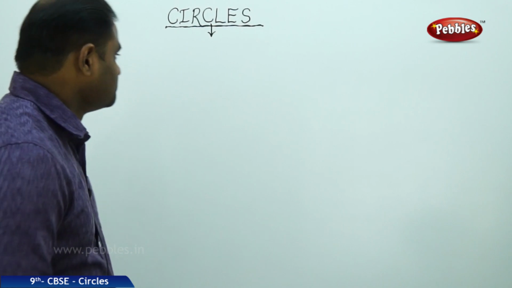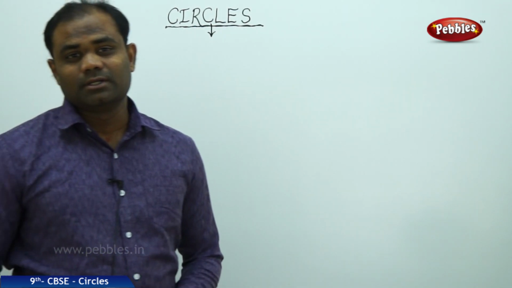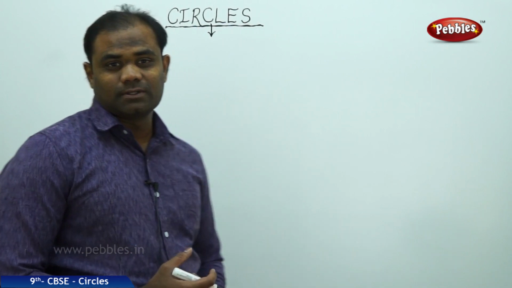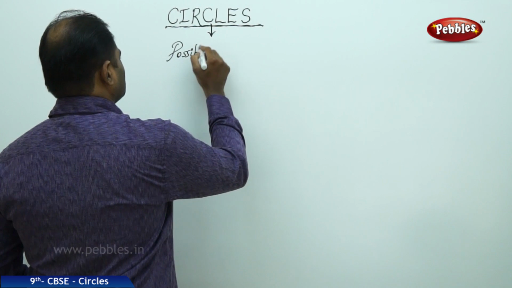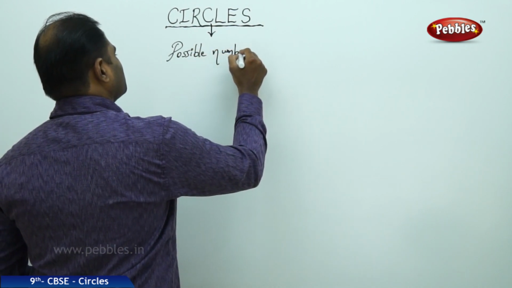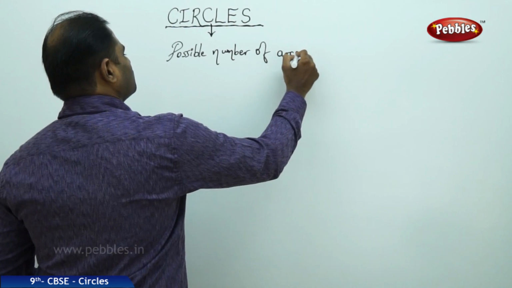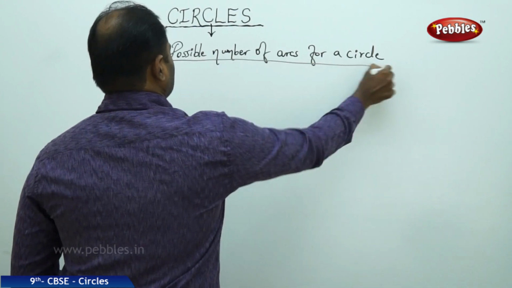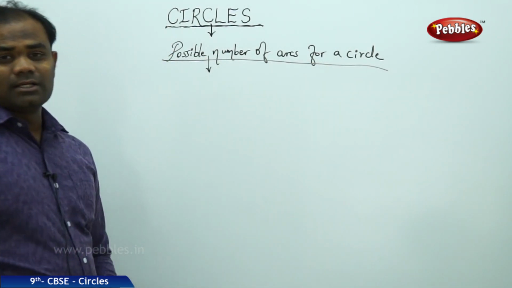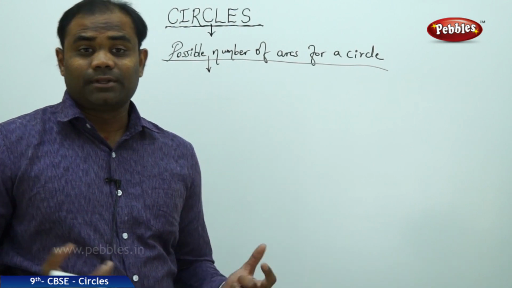Now that we have defined an arc to be a part or piece of a circle, let's see the possible number of arcs for a circle. This session is about investigating the possible number of arcs for a circle. So let's take a circle to investigate.